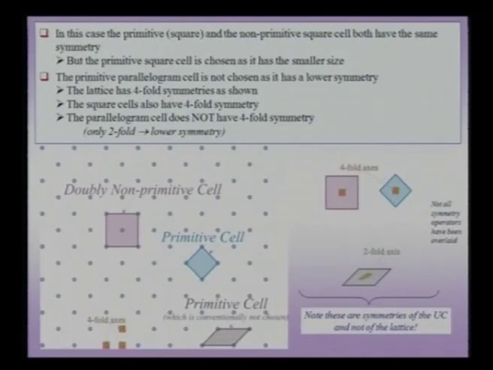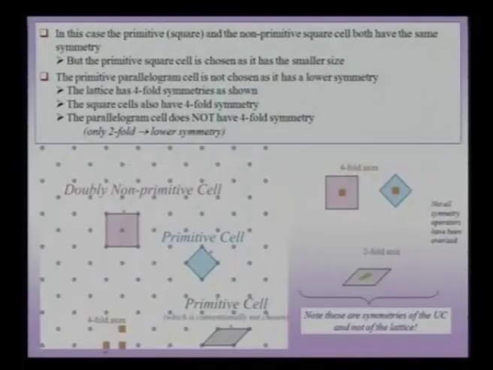Therefore we would definitely not choose the parallelogram unit cell, even though its size, in this case meaning area, is identical to the primitive unit cell. For the sake of understanding, I have also drawn some of the four-fold axes of the lattice on the same figure.